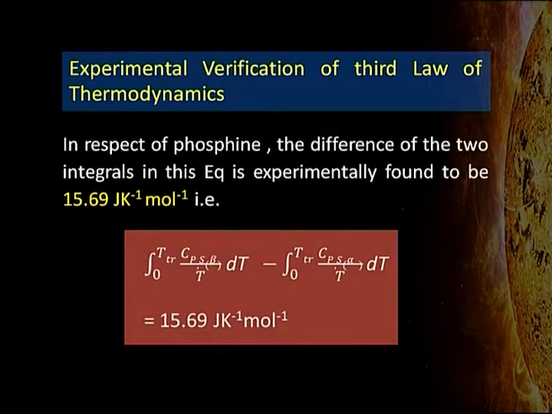In respect of phosphine, the difference of the two integrals in this equation is experimentally found to be 15.69 joules per Kelvin per mole. That is, the integral of Cp(s,beta)/T dT within the limits 0 to Ttr, minus the integral of Cp(s,alpha)/T dT within the limits 0 and Ttr, is equal to 15.69 joules per Kelvin per mole.